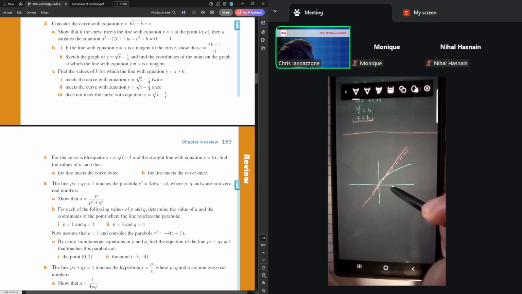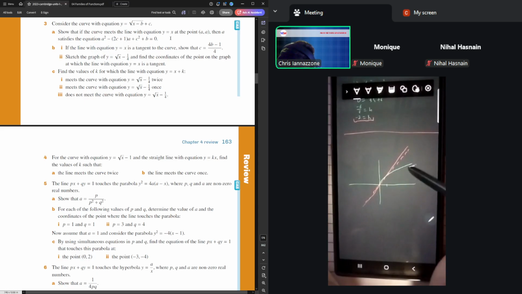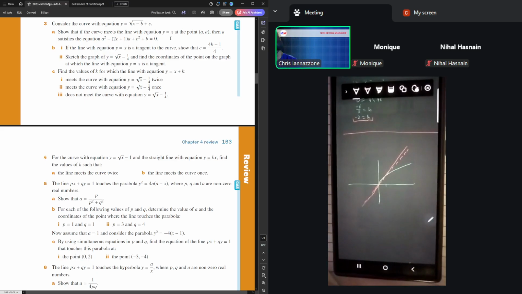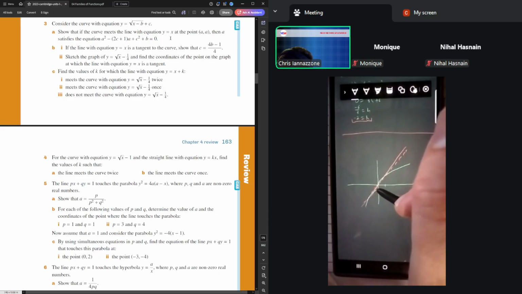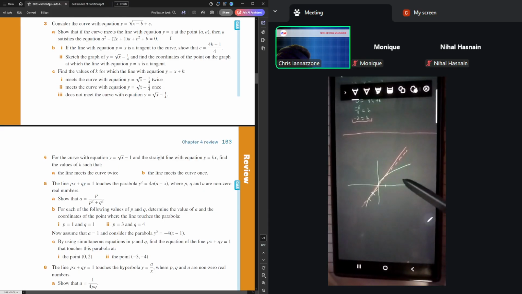More often than not, it's going to be intersecting on this positive side here, namely because of the direction it's headed in. So it's a good, decent idea to probably just start with the positive part of that root. Not to say the negative is impossible. Right? You could have the square root starting over here and therefore cut twice.